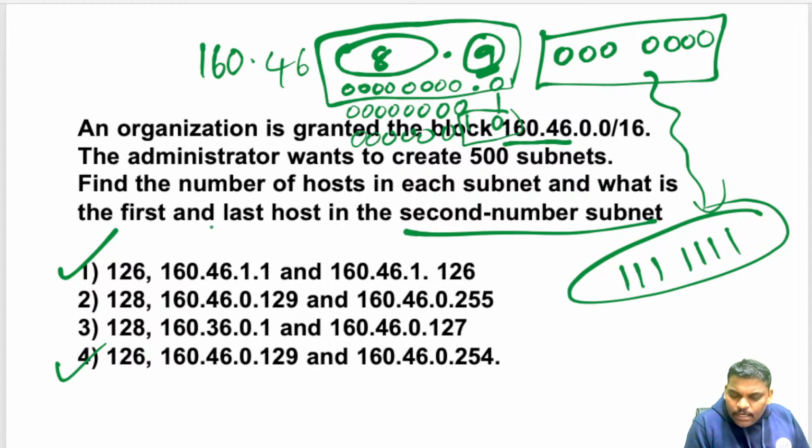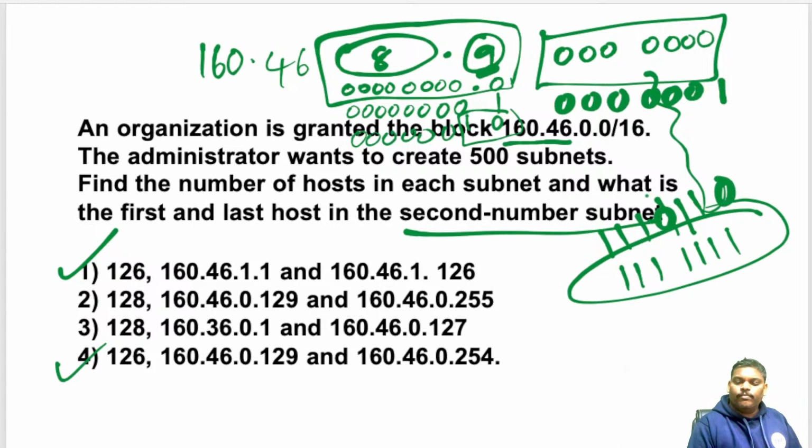What is the first and last host of the second subnet? So the first host is going to be all zeros, lastly 1. The last host is going to be all ones, last 0. This is going to be all ones. So 7 bits, 2 power 7 minus 1, 128 minus 1 is 127.